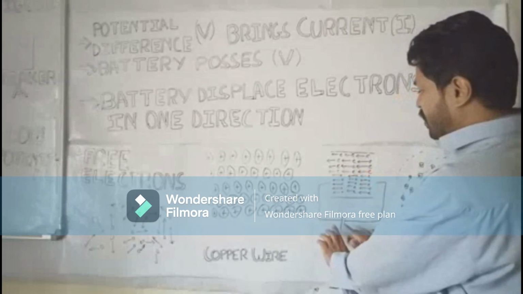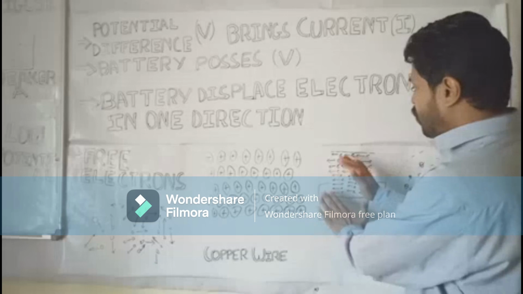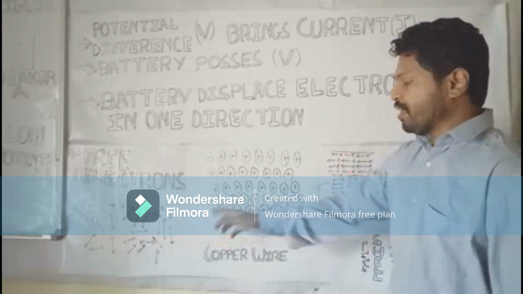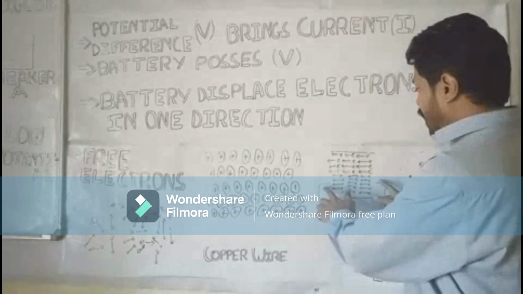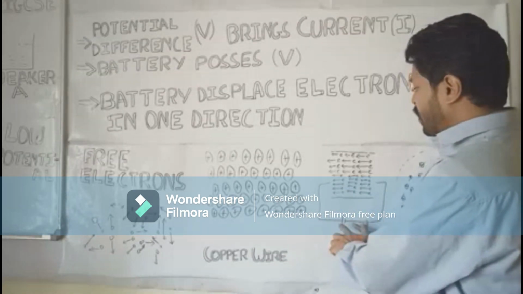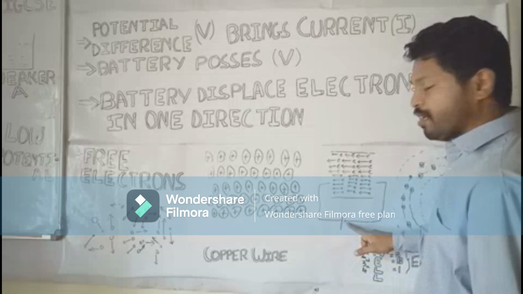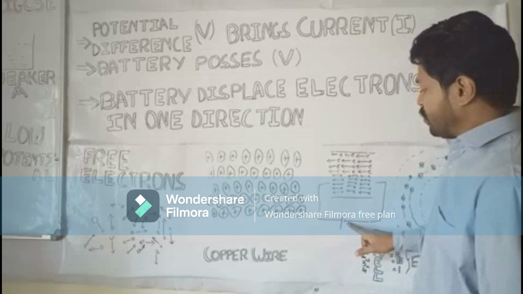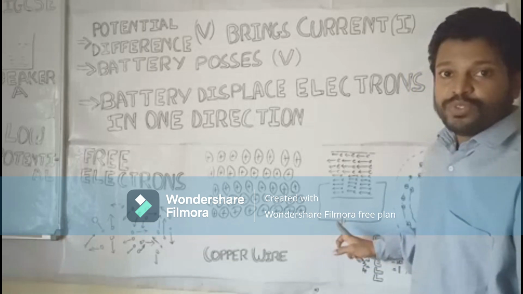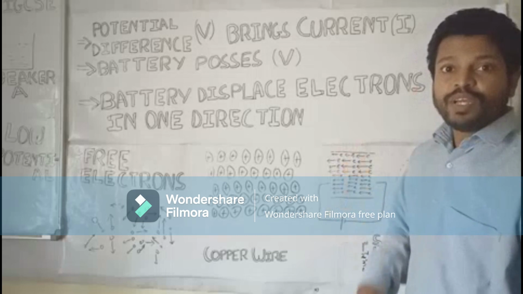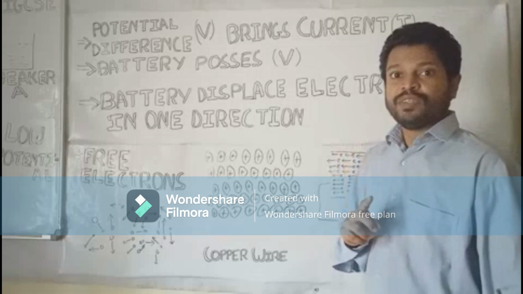If there is no battery, the free electrons will move randomly, like over here, in all directions. As soon as we connect a battery source, this is the positive terminal, and the shorter line is the negative terminal. Once we connect the battery source, all electrons move in one particular direction.